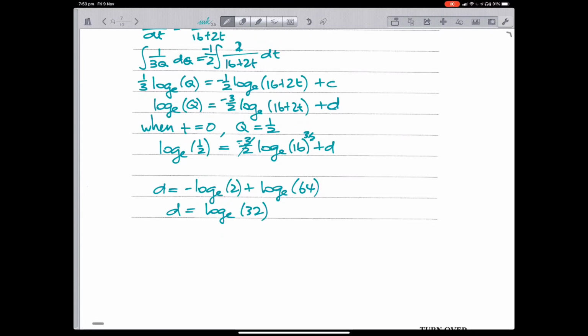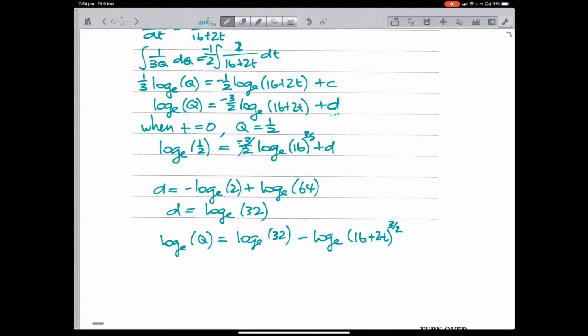Okay, so therefore, log e of q is equal to log e of 32 minus log e. I'm doing this because I know that it's got to have a negative power. So 16 plus 2t to the power of 3 on 2.